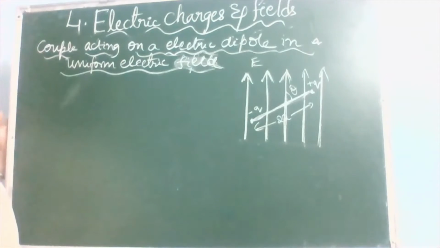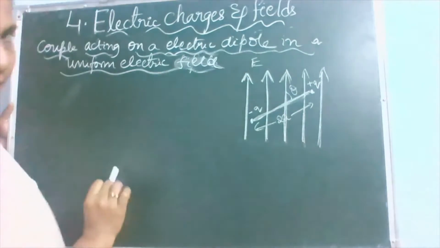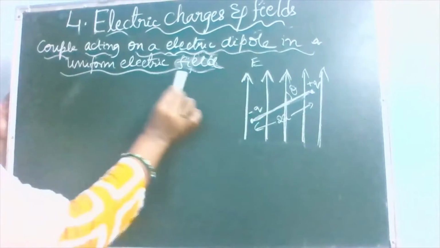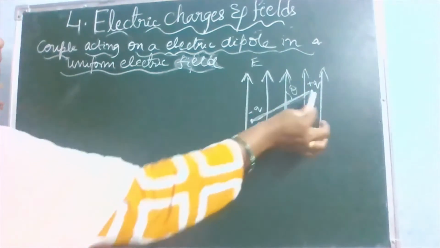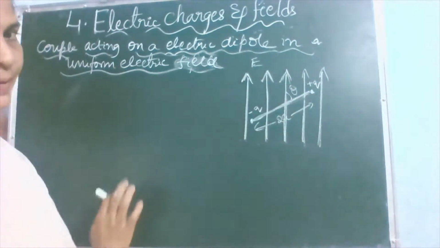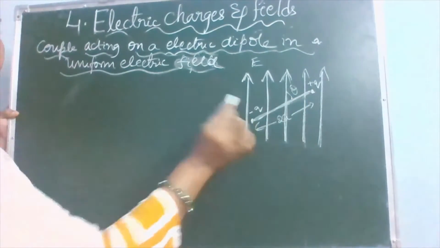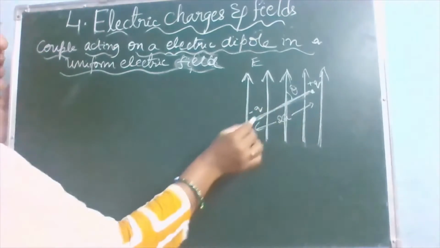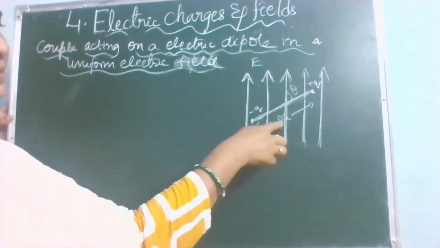Let us calculate the couple acting on an electric dipole in a uniform electric field. That means in a uniform electric field, an electric field is produced by a charged particle. Then in that electric field, if this dipole is placed, see, minus q plus q, this one is the dipole separated by a distance 2a.